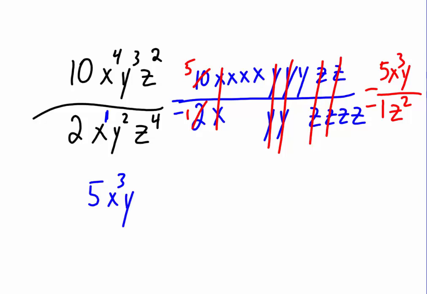And then you're going to have 2 minus 4. That's going to give us a negative 2. And so that means that the negative part says, put it on the bottom. Sort of. We'll talk more about that later. But in this case, it says, put it on the bottom and make it positive. And that's all.